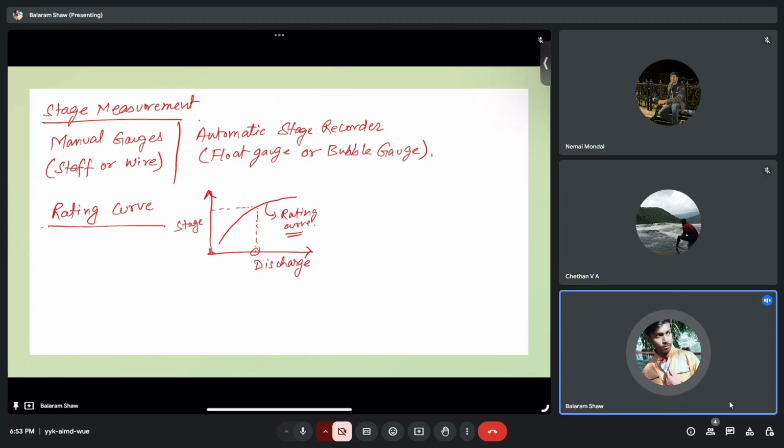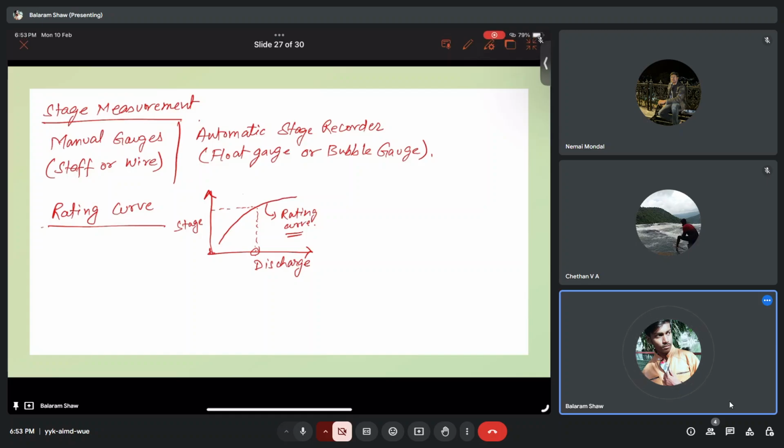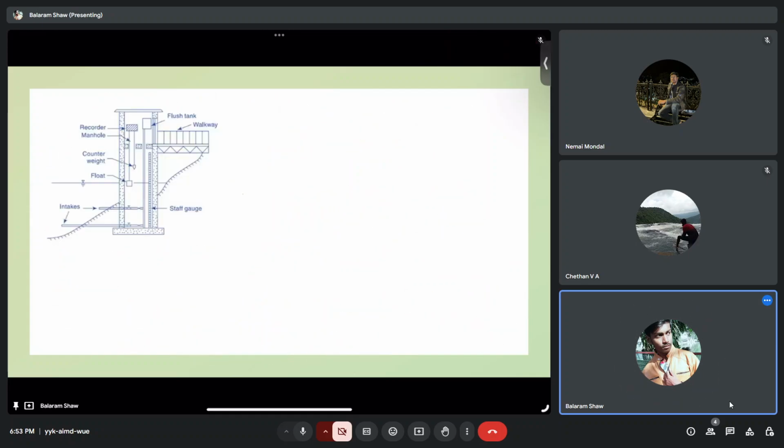Then we have also seen the automatic float gauge and the automatic bubble gauge. We'll see that here. Yes, here you can see this is the automatic float gauge recorder, right? Let's say this is the channel or the river stream.